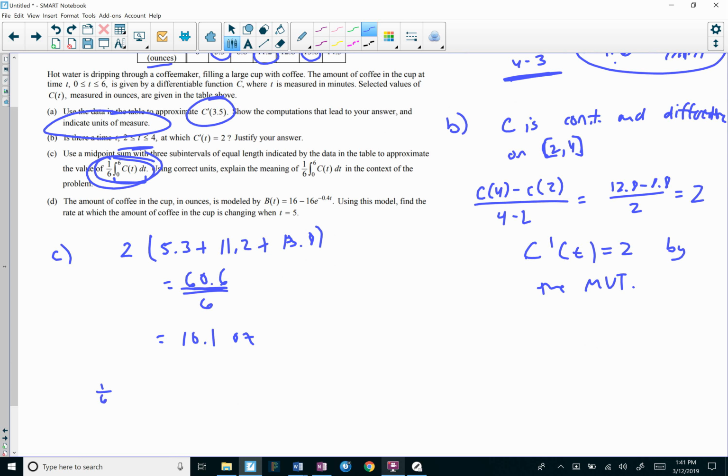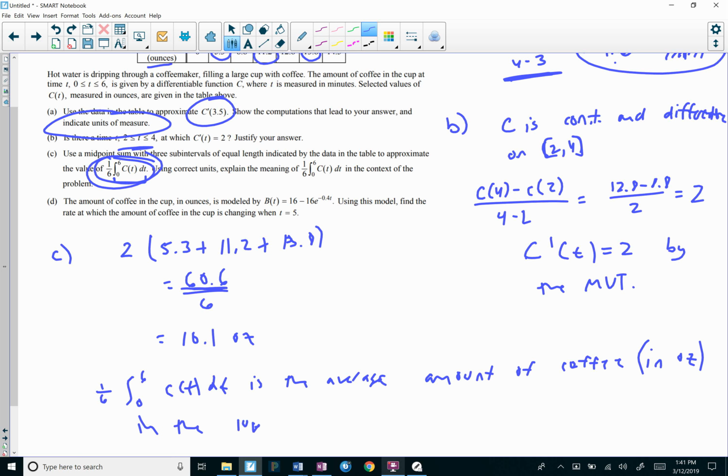So 1/6 integral of 0 to 6 of C of t dt is the average amount of coffee in ounces in the cup in 6 minutes. If you don't have 6 minutes and ounces, you did not get credit.